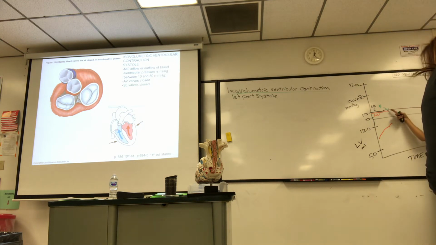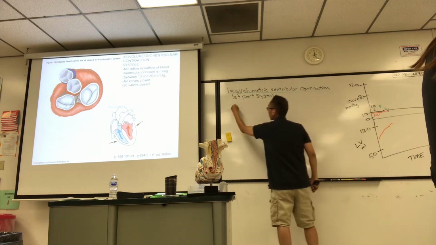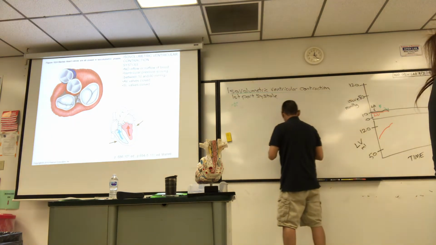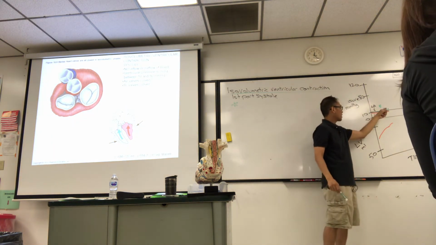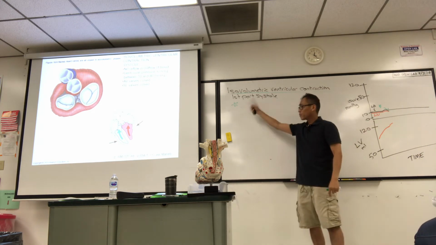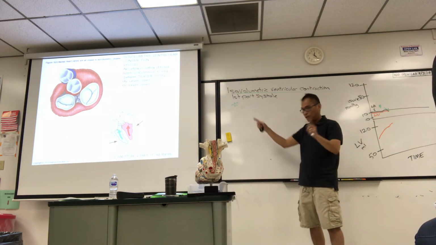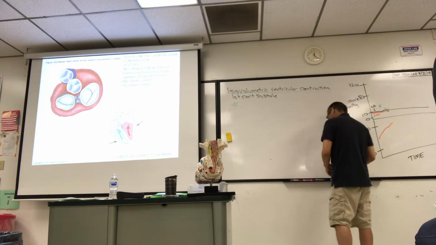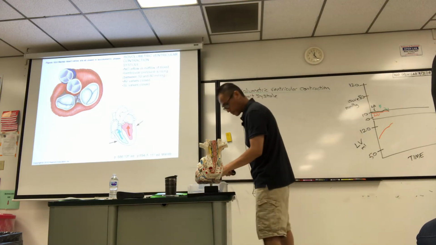This is when you get the first heart sound. The bicuspid valve closes. Pressure starts to rise when the LV pressure exceeds LA pressure. Bicuspid valve closes, and that makes the lub sound.